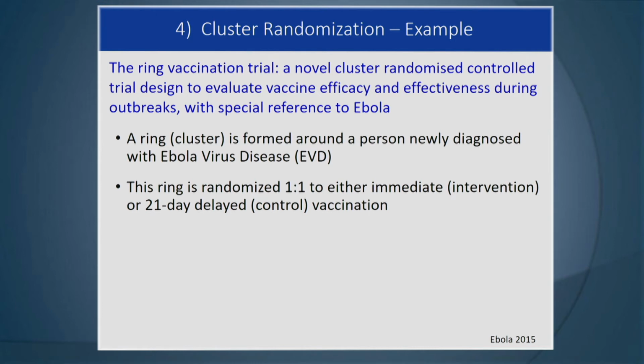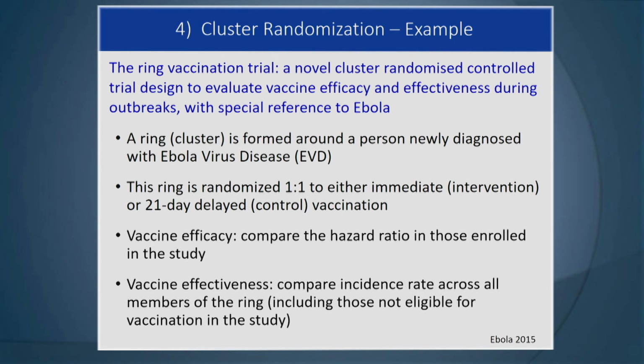And then they randomize the whole cluster, those who are eligible within the cluster, 1-to-1 to either immediate intervention or a 21-day delayed vaccination. So the cluster is this ring around the person who was newly diagnosed with the Ebola virus.